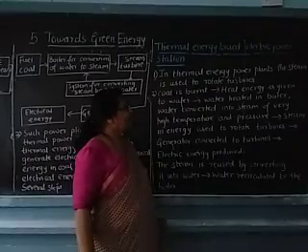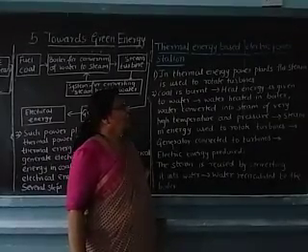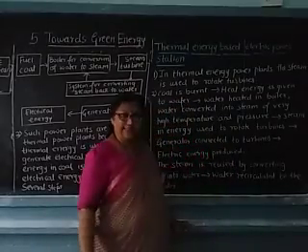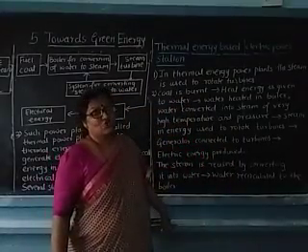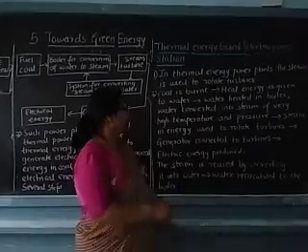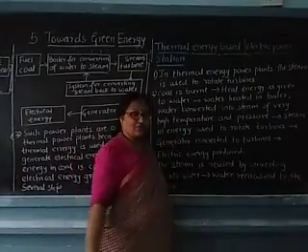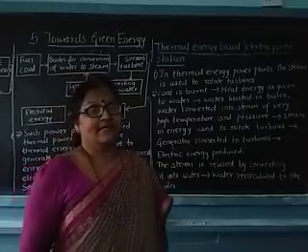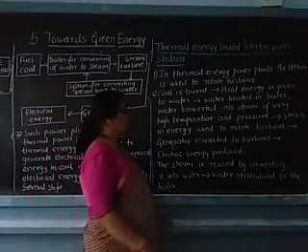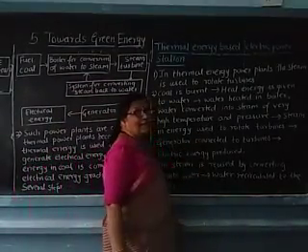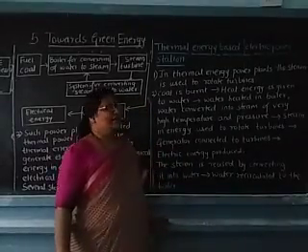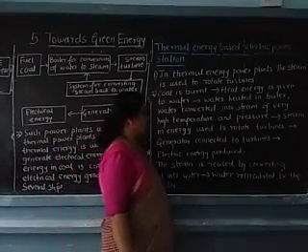Then the water which is present in the boiler starts to get heated. Now when this water starts to heat, it is converted into steam, and the temperature of this is very high, and it also contains a very high pressure.